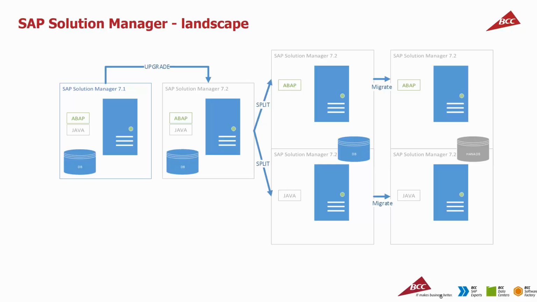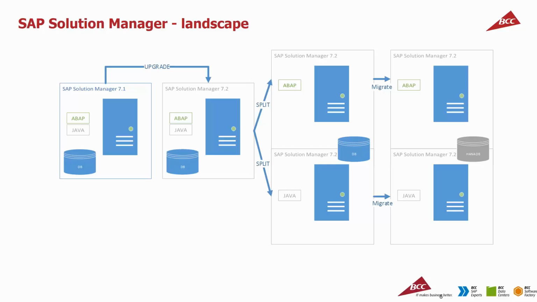You will upgrade it to the new version, so it's still dual stack, still the same database as it was before, but the new version, and this step is mandatory, as well as the next one.